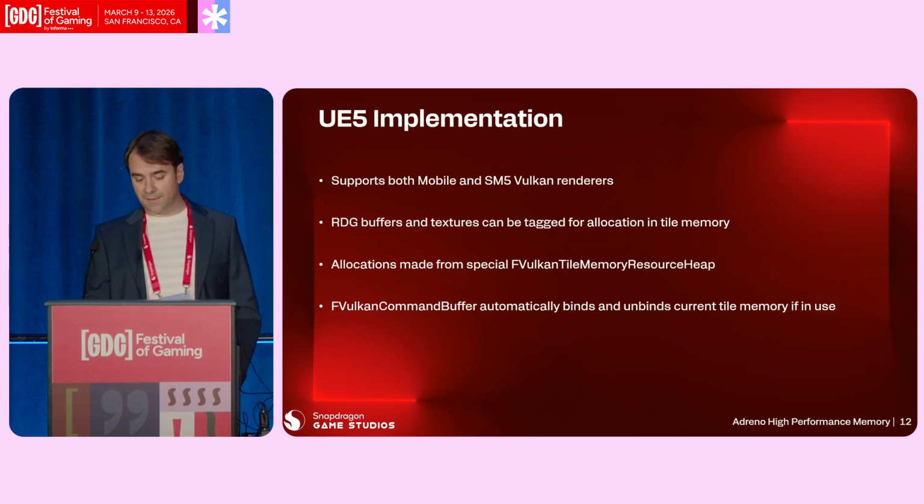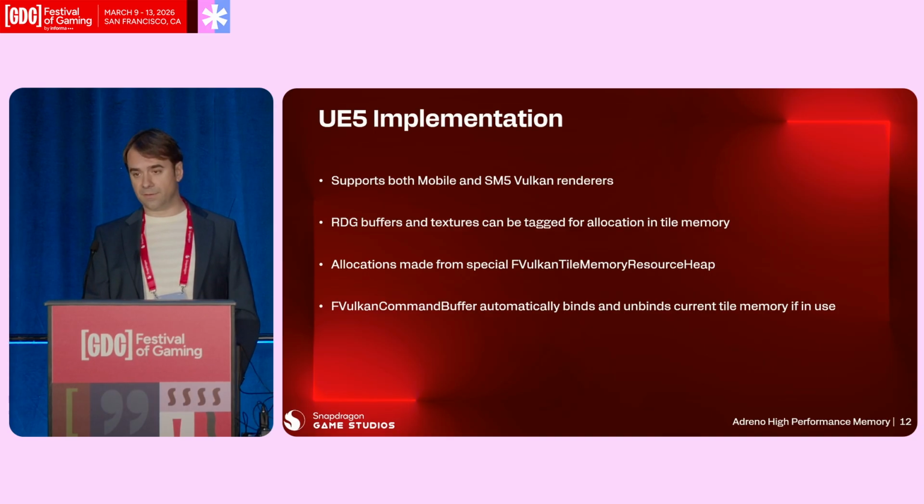And because the render dependency graph in UE5 has full knowledge of the frame and the resources, like when they can become invalidated and so on, it seemed the best place to add some new flags that let you tag which resources should live in tile memory.